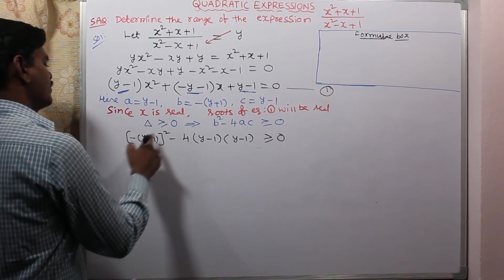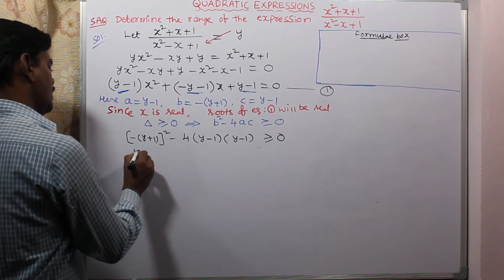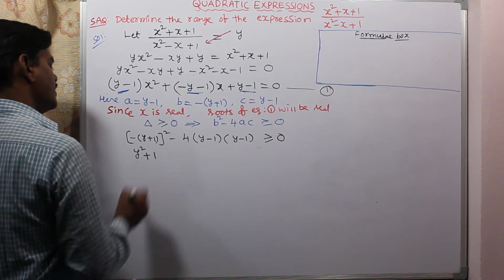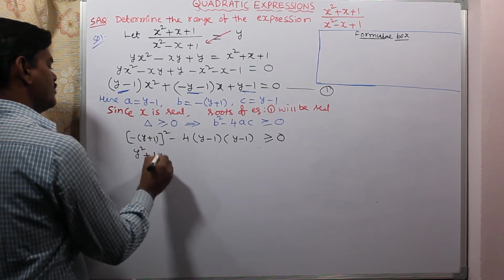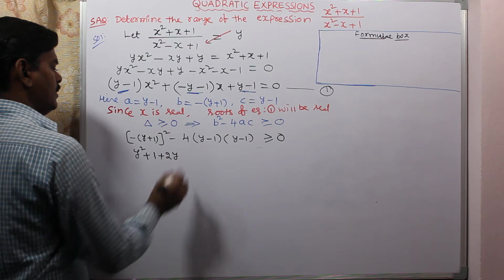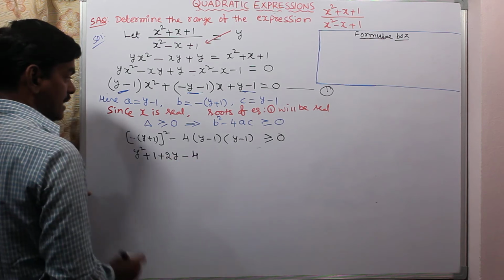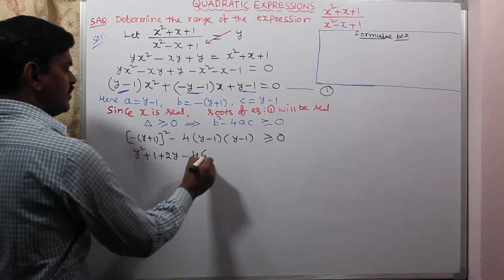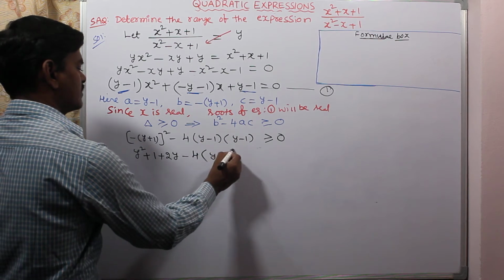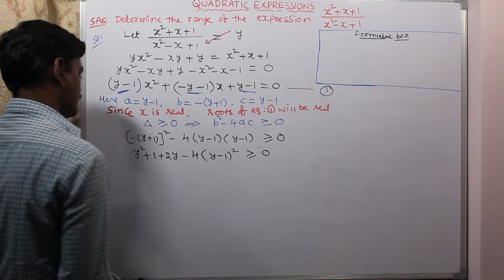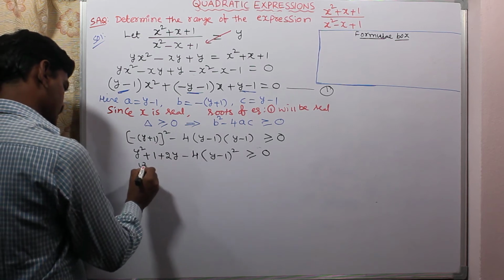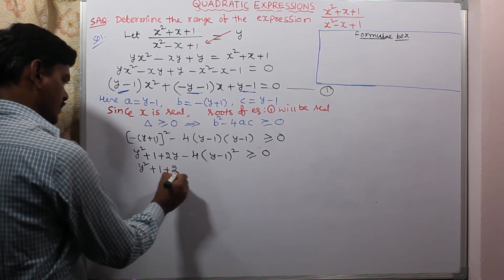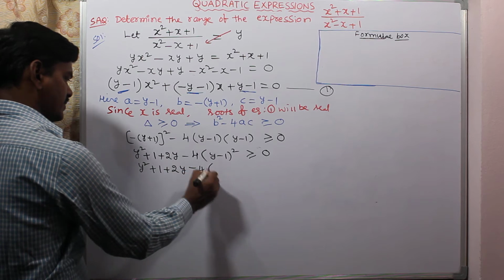(y plus 1) whole square looks like the (a plus b) whole square formula: a square plus b square, 1 square is 1, plus 2ab, 2y. Minus 4, as it is, into (y minus 1) into (y minus 1), (y minus 1) whole square, greater than or equal to 0. So write these terms the same. Now minus 4 also the same.